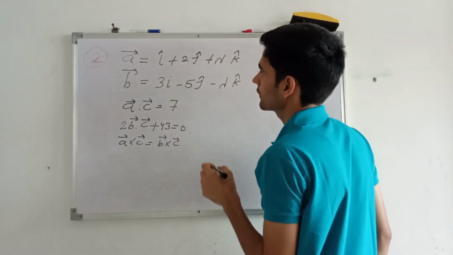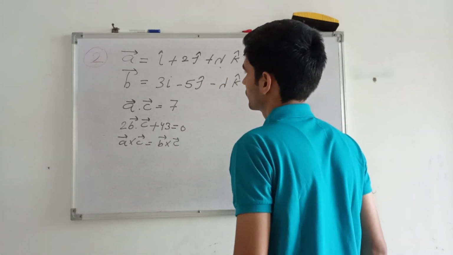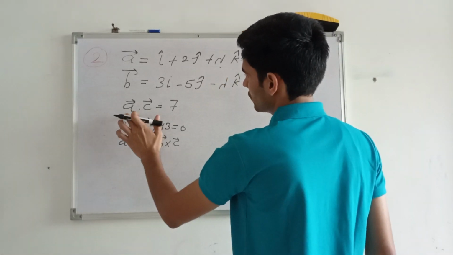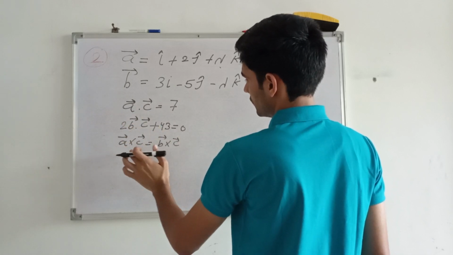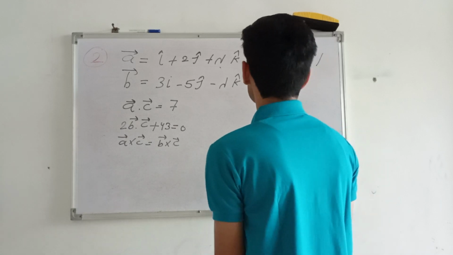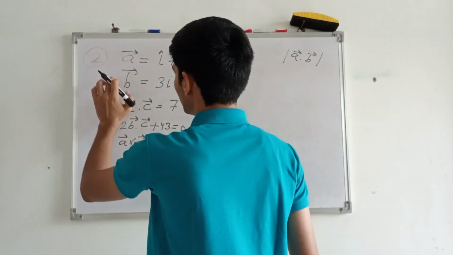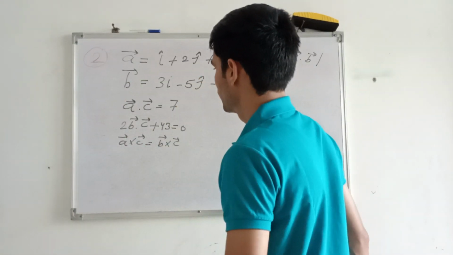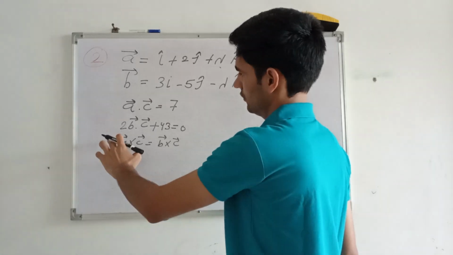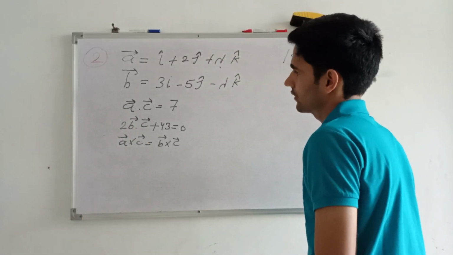Lambda is one parameter. A dot C is given, and B dot C, A cross C. So we have no information about the vector C. Only vectors A and B are given, along with this one lambda, and these conditions. So we will use these conditions one by one to find our vector C.